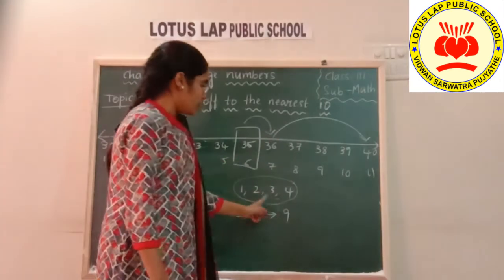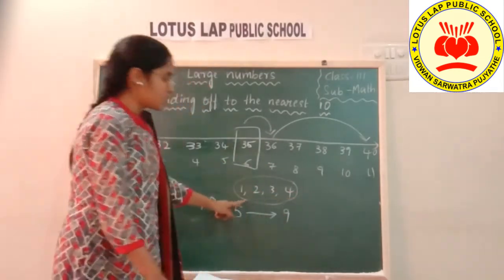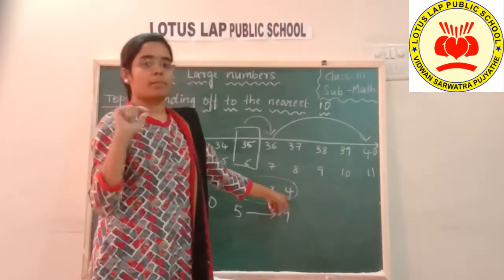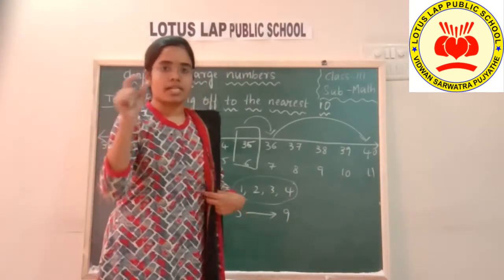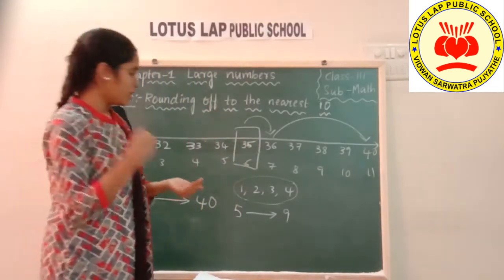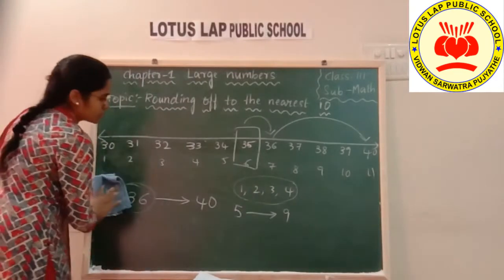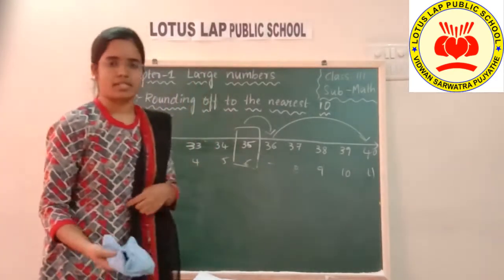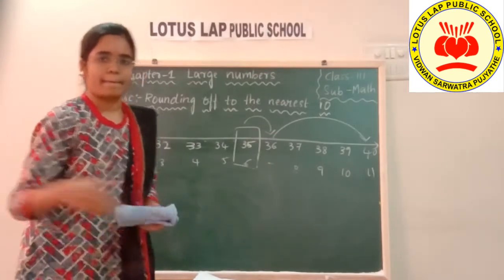And for the numbers ending with these digits in the ones place, including 4 and the numbers before 4, for those numbers you need to round it off to the before tens value. This is how rounding off of numbers will be solved. Children, we shall have a few exercise problems also.